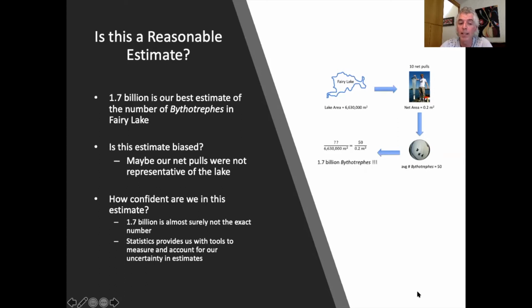And the bottom line is that 1.7 billion is almost surely not the exact right number. It's our best guess, but we probably have a fair bit of uncertainty about how close it actually might be to the true number. And statistics then provides us with a tool to measure and account for uncertainty in our estimates.